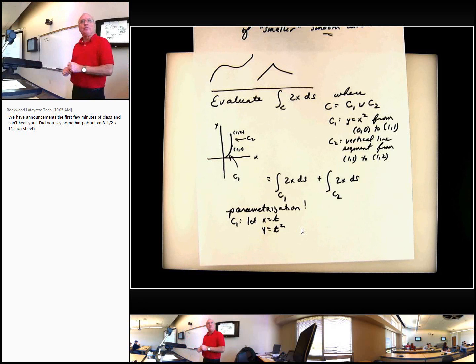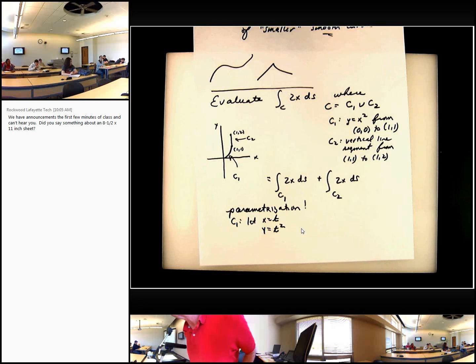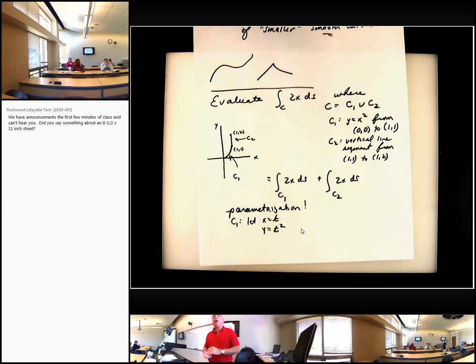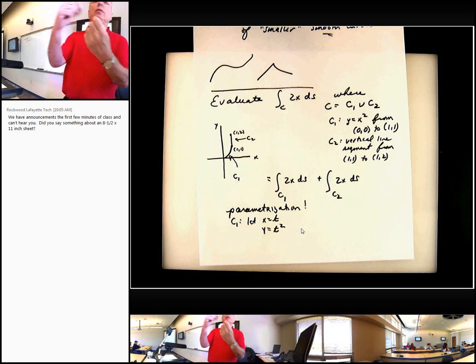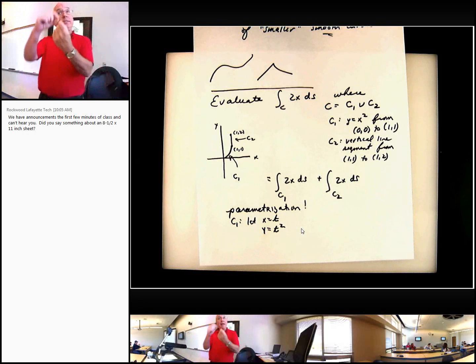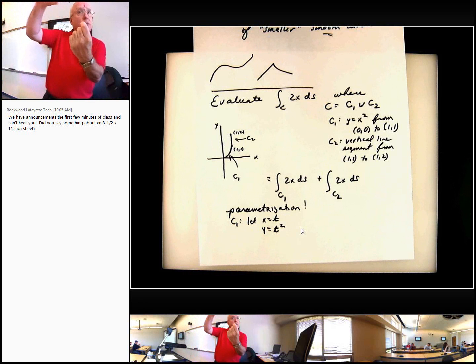Yes? I'm kind of figuring out, can you just pick anything you want for the parameterization? You can pick whatever for the parameter, but you have to pick it so that as t, or whatever letter you're using, varies, the points coincide with the points on the curve.